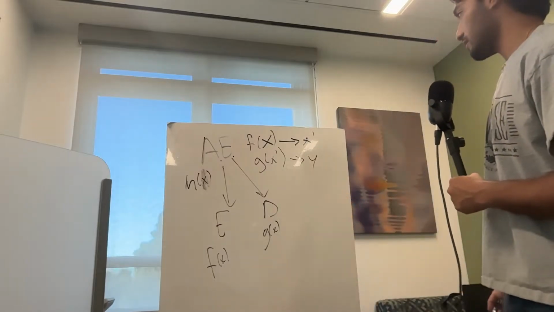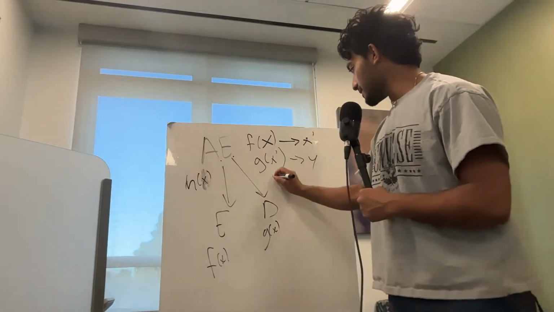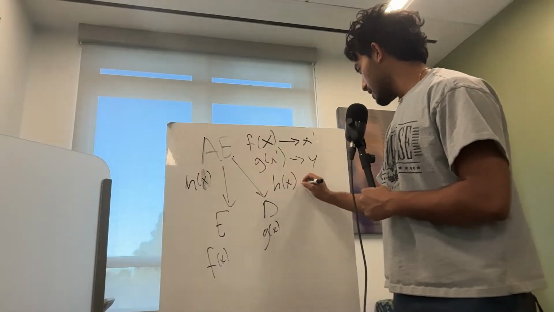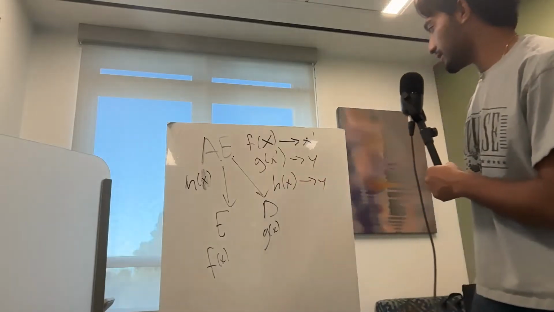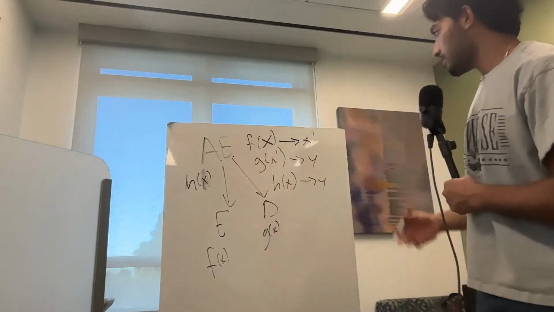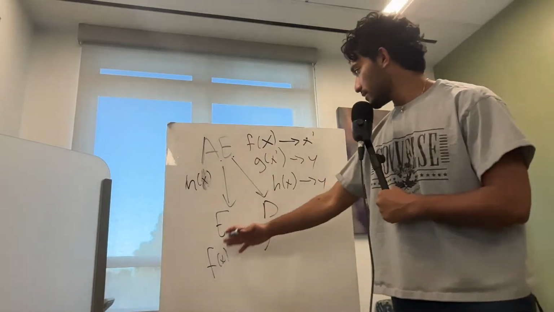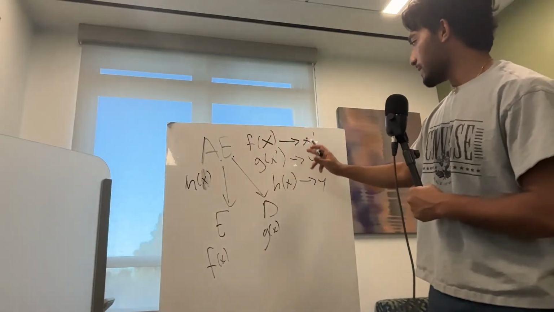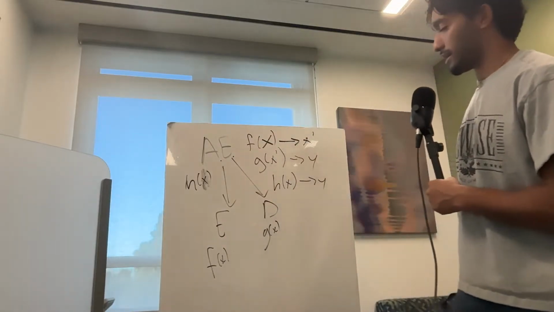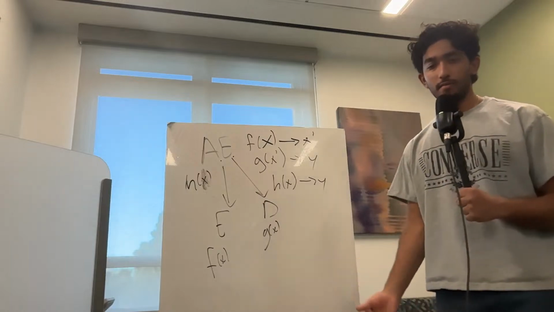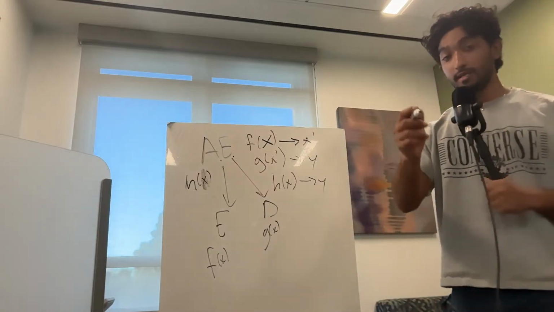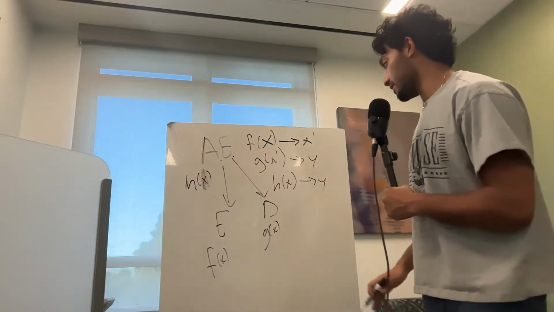I put X into h, and I get Y. That's my autoencoder function. But really what I'm doing is encoding X into X prime and then decoding X prime into Y. That's so dumb. But is it? Now let's look at what happens.